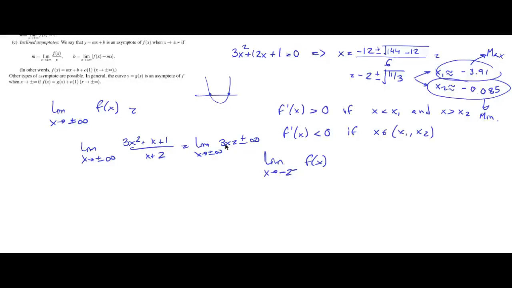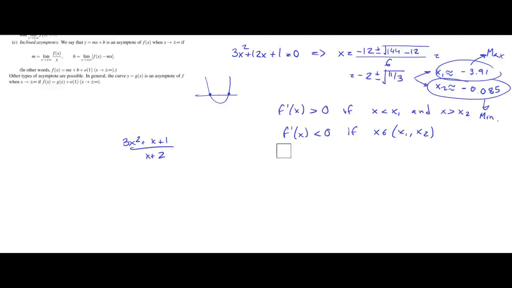so let's see. An interesting thing is that we can't really find a horizontal asymptote, but can we find a vertical asymptote, right? So this is, sorry, an inclined asymptote.